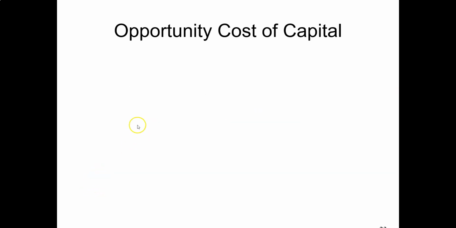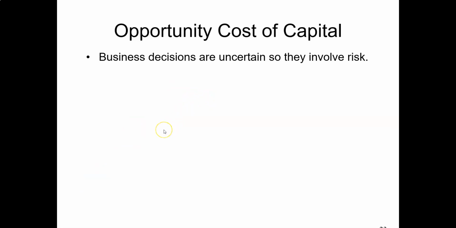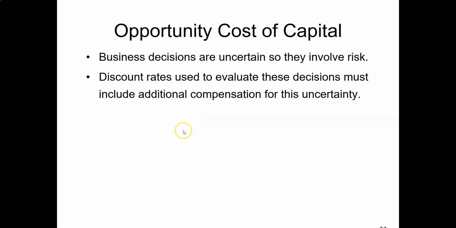I want to provide more details about opportunity cost of capital. When we make business decisions, generally they contain uncertainty, or we say that they are risky. Then we try to find an appropriate discount rate to evaluate these kind of business decisions.